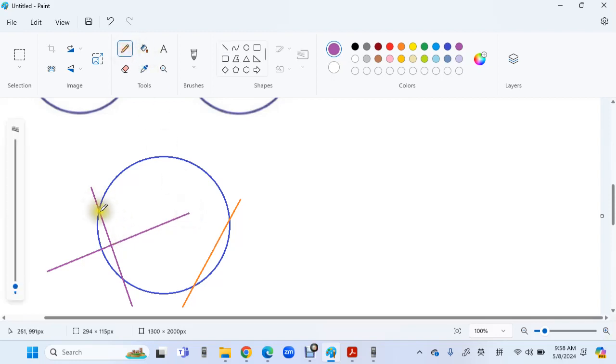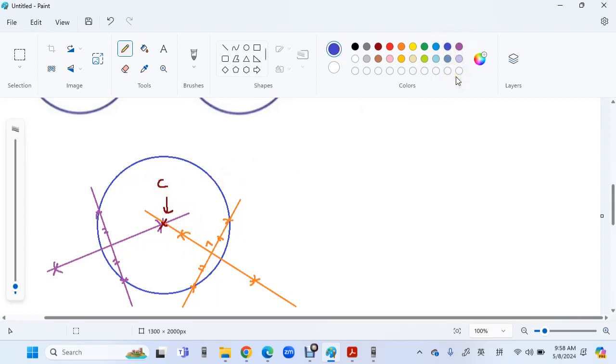If I have a compass, then I will put the compass here and mark here, and put the compass here, then mark here and here. This is the perpendicular bisector. And this one also I draw the perpendicular bisector here. Then the intersection between these two will be the center.